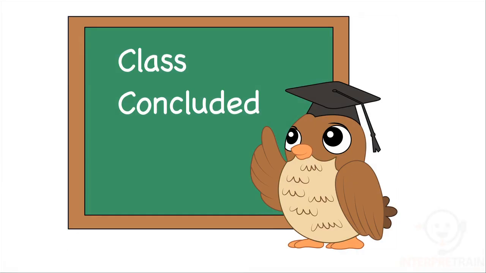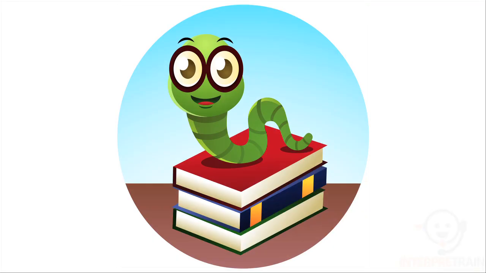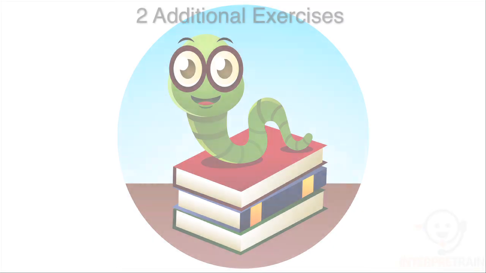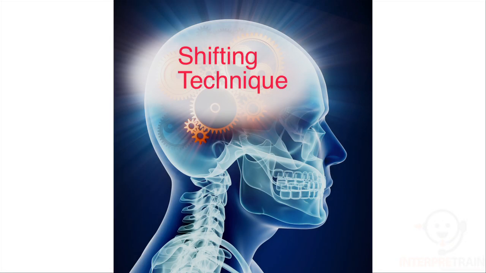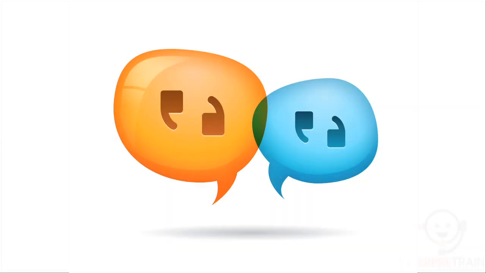The class portion of Webinar 1 has now concluded. Before taking the quiz, you will do 2 additional exercises. Since you've already had the opportunity to become familiar with the shifting technique, these last 2 exercises will not contain letters, numbers, or geometric shapes.